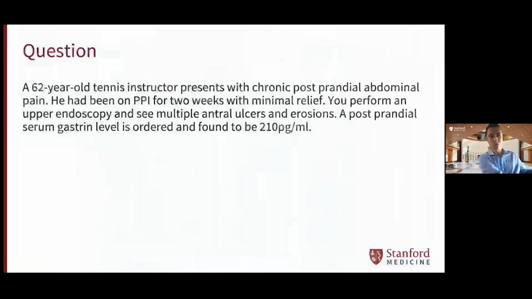So we can use the poll app while we review the question again. The options are ordering a CT scan, stopping the PPI and rechecking the gastrin, stopping NSAIDs and continuing the PPI, or ordering a basal acid output test. And if we can look at the responses.